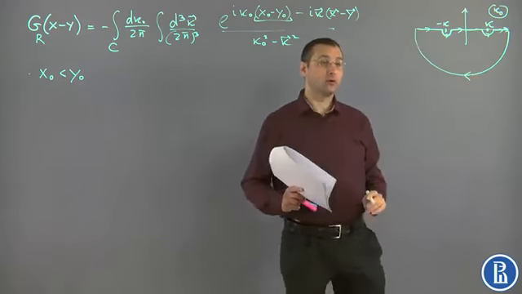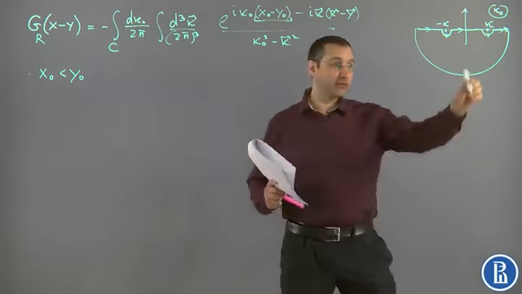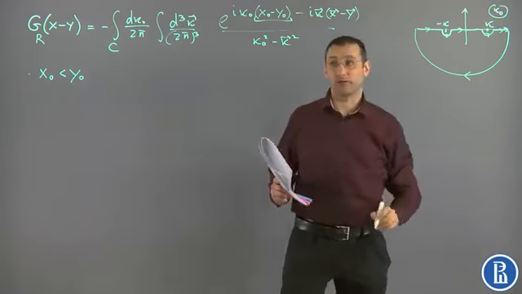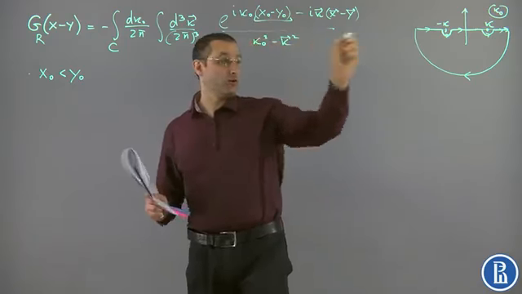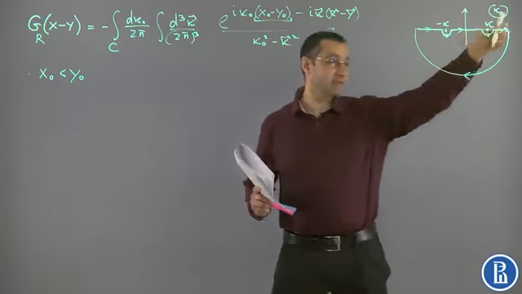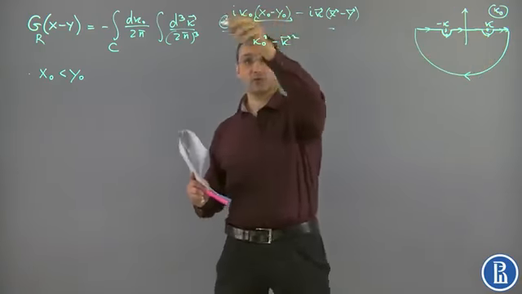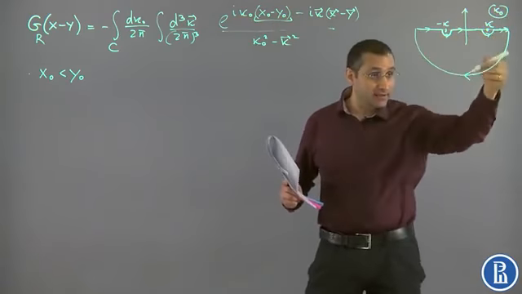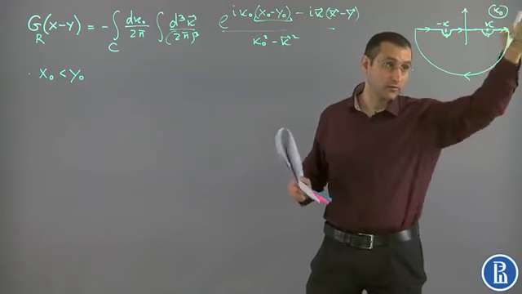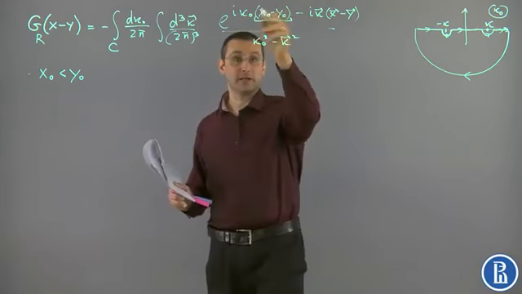Why? Because on this circle the integrand is always 0. When this is negative, on this circle the imaginary part of k0 is minus infinity. As a result, the exponent is 0, and I add nothing to the integral along this contour.